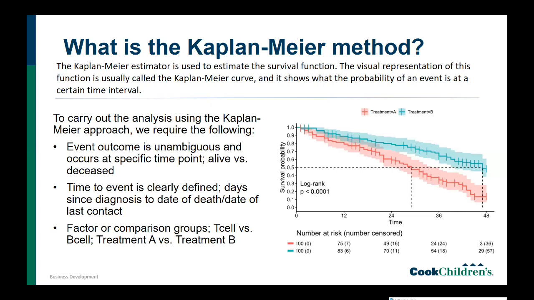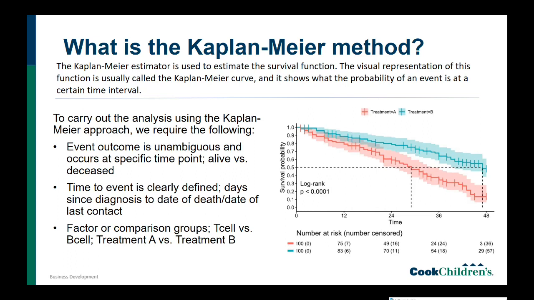For survival, we typically do from the start of diagnosis, so the date of diagnosis, and then your ending date is typically either your event outcome date, so date of death, or the date the patient was censored, which means that's the last date of contact and they were alive at that time point. So you will have your dates, you'll transform them into a time variable, and that is required.